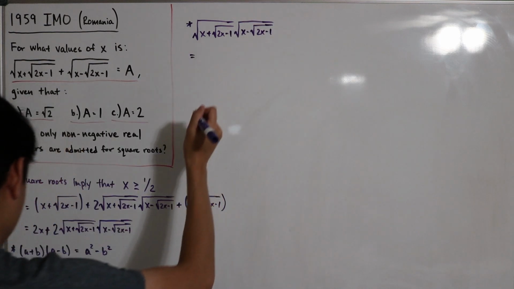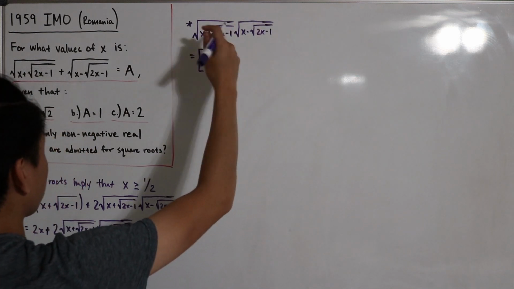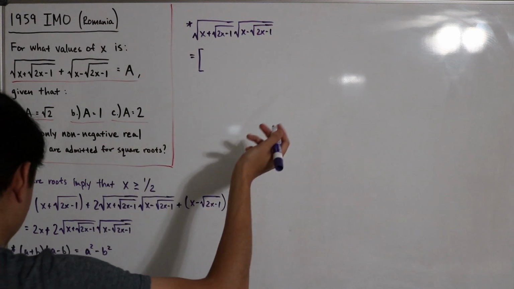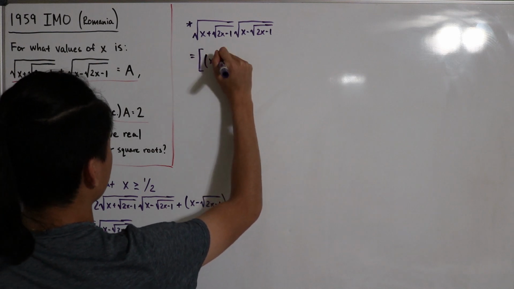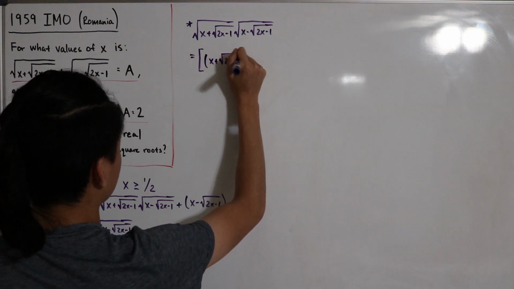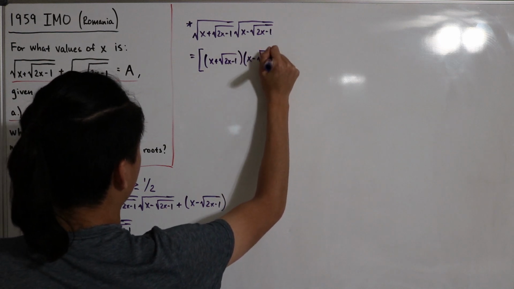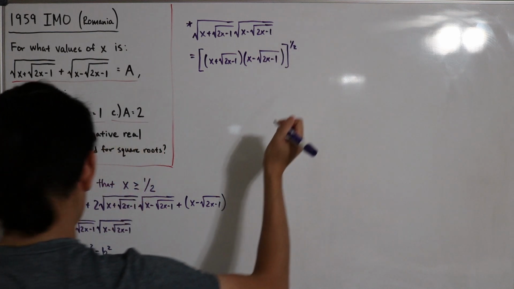And so that will just be equal to, since the exponent is 1/2, I can rewrite it as x plus the square root of 2x minus 1, then multiplied with x minus the square root of 2x minus 1, and then that's to the power 1 over 2.